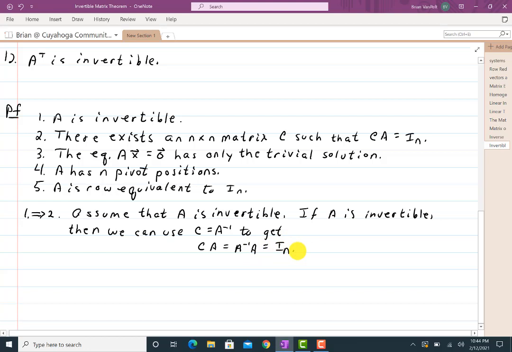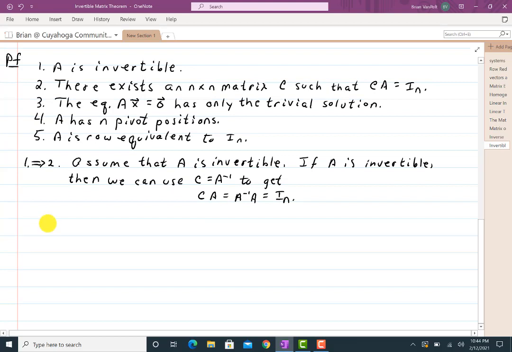So that takes care of that. Now we're going to move on, and I'm going to prove 2 implies 3.